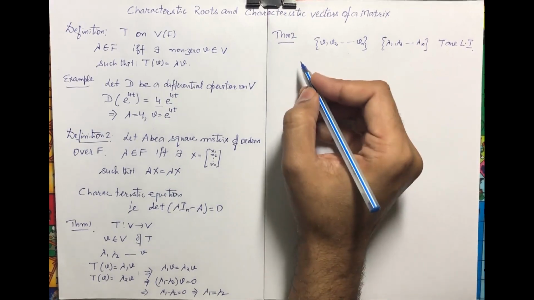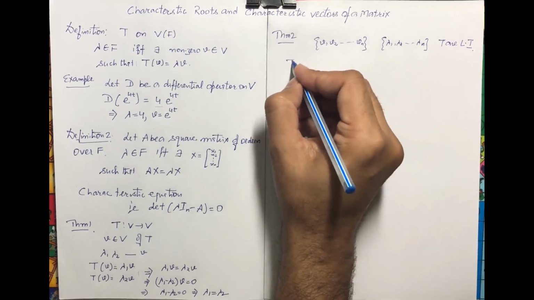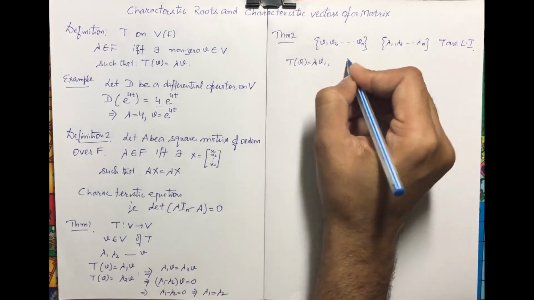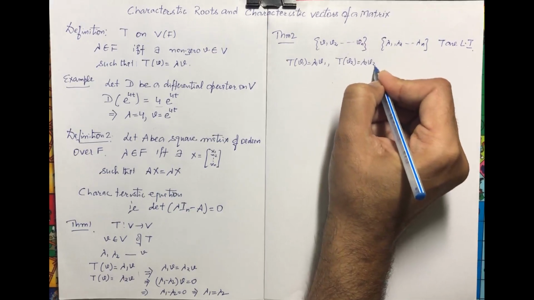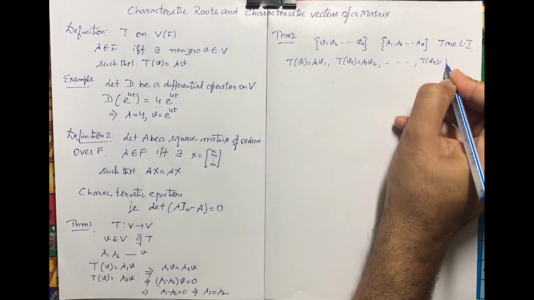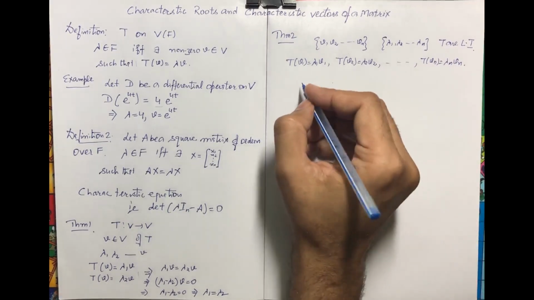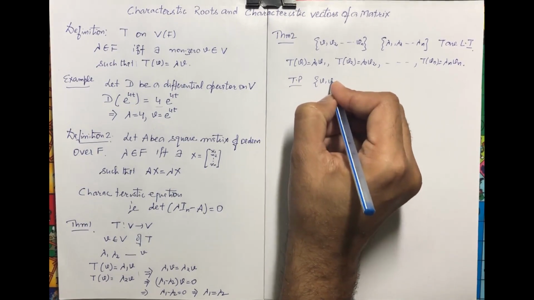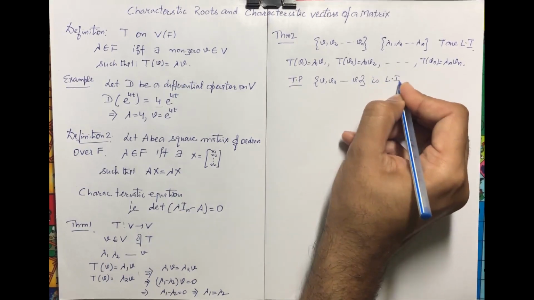So using the definition of eigenvalues and eigenvectors, we have T(v1) = lambda 1 v1, T(v2) = lambda 2 v2, and so on, T(vn) = lambda n vn. So we have to prove v1, v2, ..., vn is linearly independent.